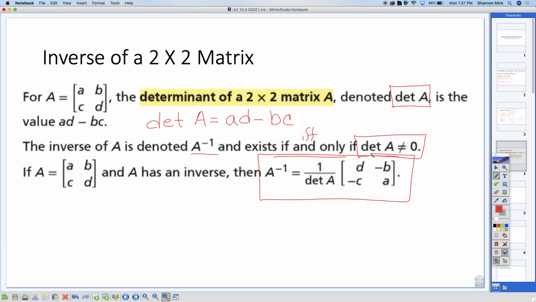You have to know that. All of it? Yep, that was just what was on the other side. So if you wrote it off the other side, don't rewrite it. But you have to know that.